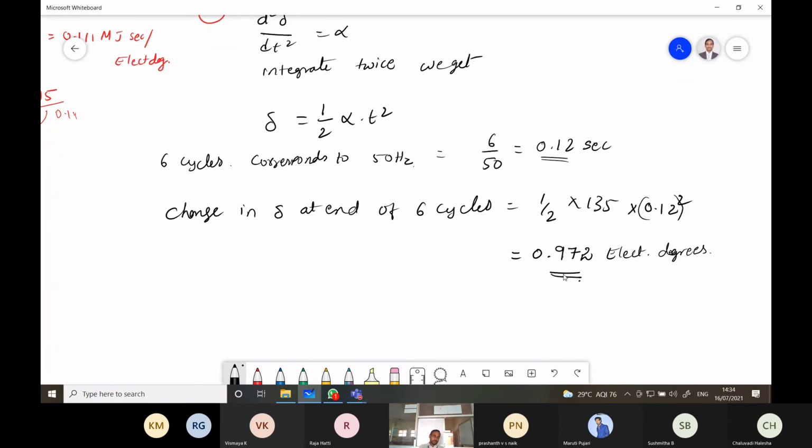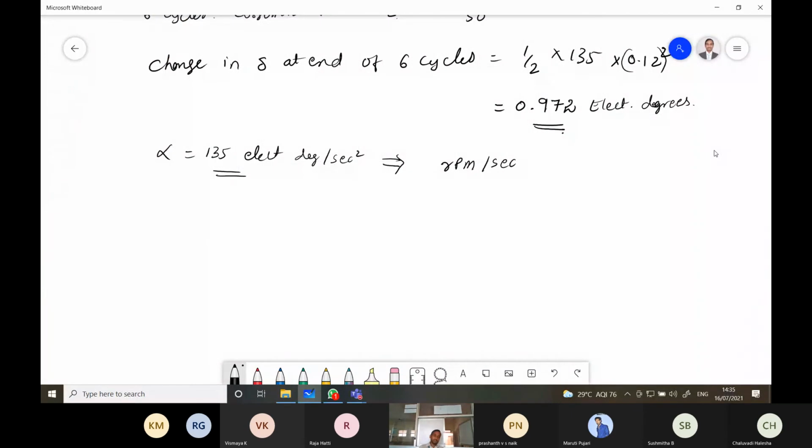Now we need to convert the angular acceleration. What is the angular acceleration? That is alpha. We have 135 electrical degree per second square, and we need to convert this in terms of RPM per second. For that, how to convert this? Our delta is equal to half into alpha into t square, right?